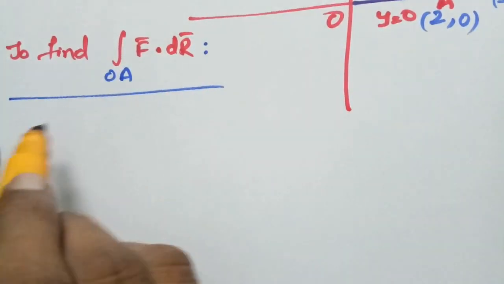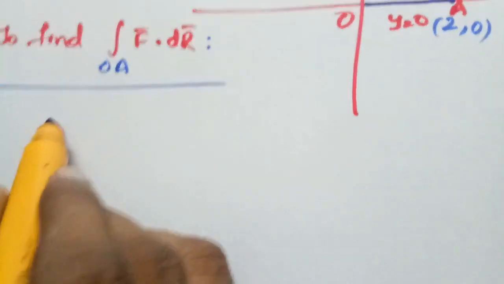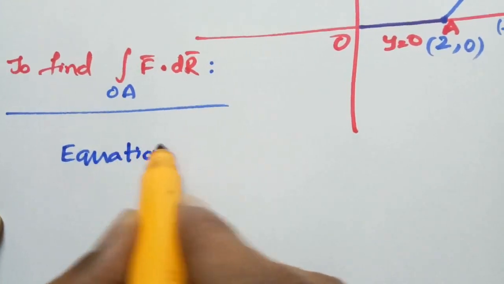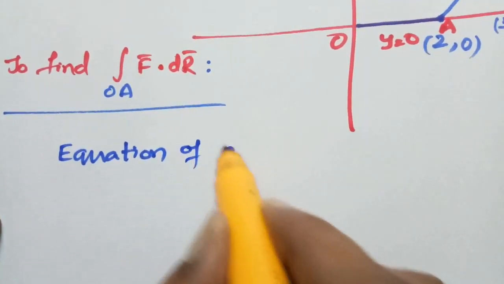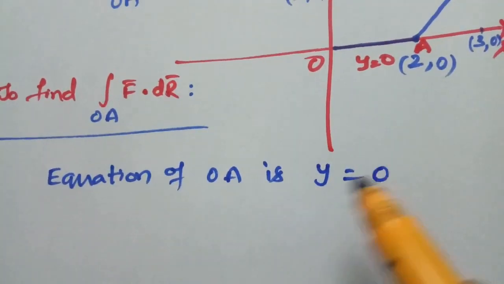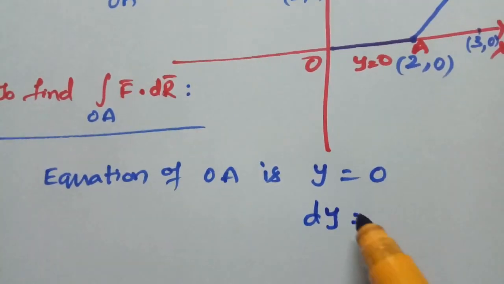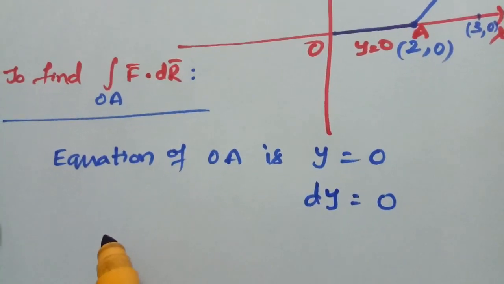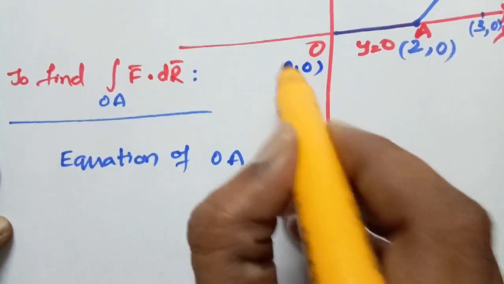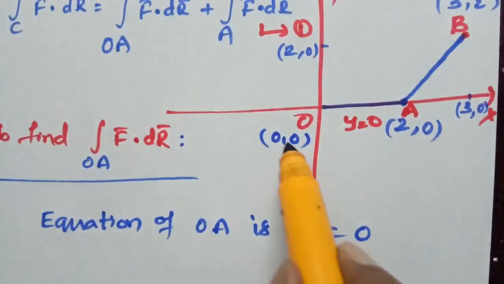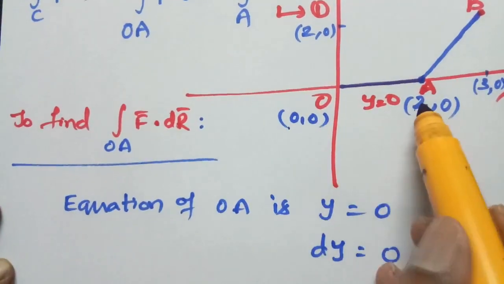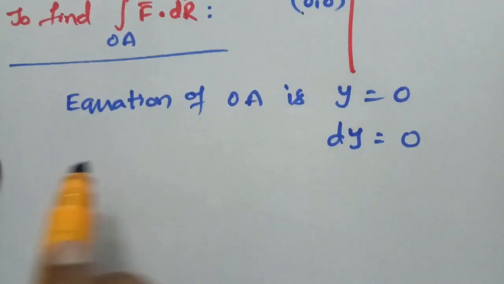The equation of OA is y equal to 0. Then differentiating on both sides, dy is equal to 0. And along OA, x varies from 0 to 2. Lower value 0, upper value 2.